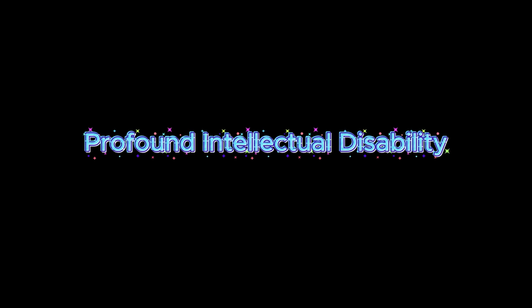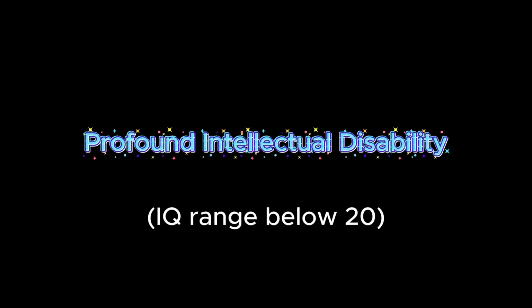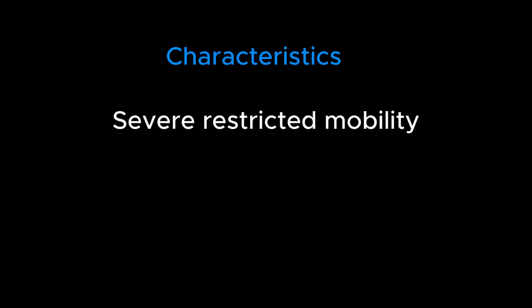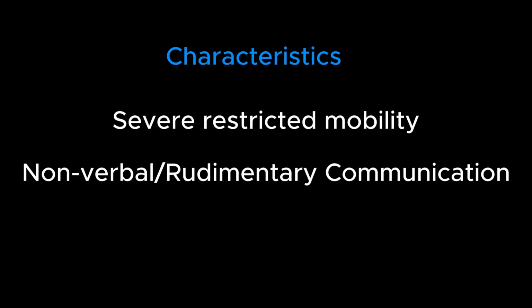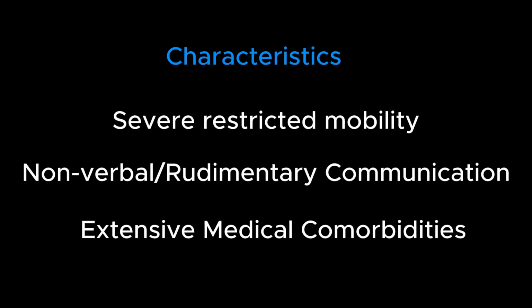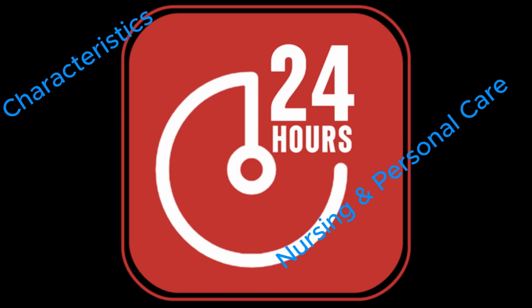Profound intellectual disability. This covers a range of IQ below 20. Individuals at this level experience severely restricted mobility, nonverbal or rudimentary communication, and extensive medical comorbidities requiring pervasive 24-hour nursing and personal care.